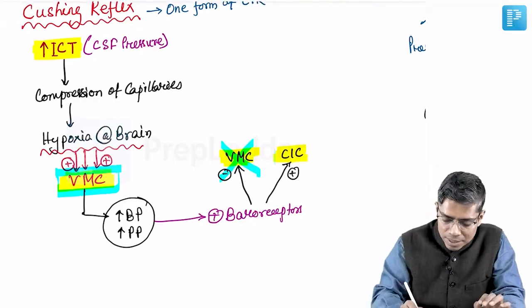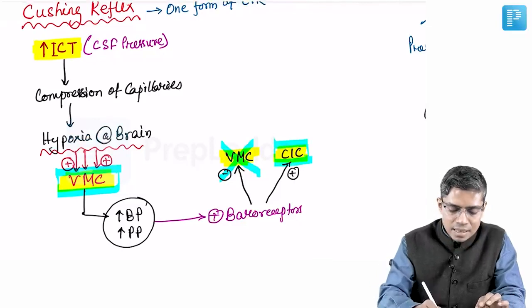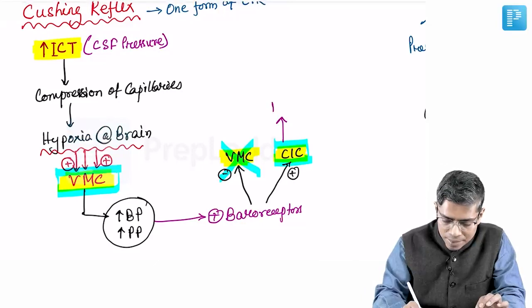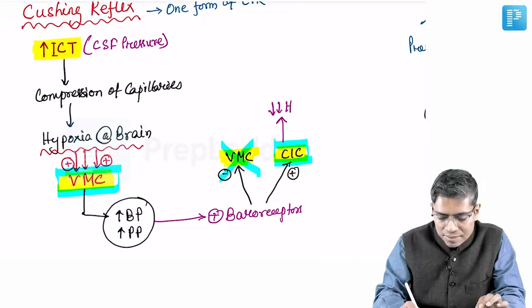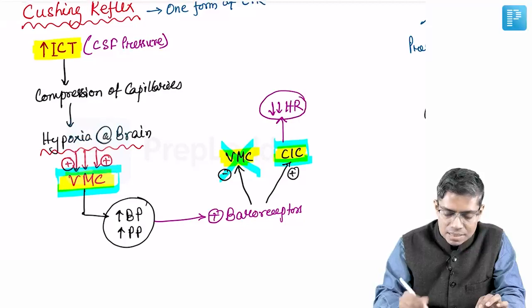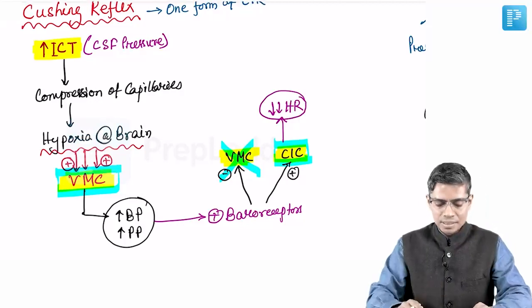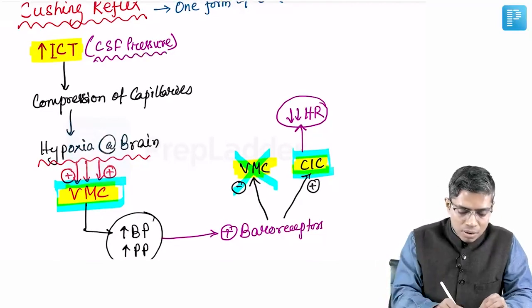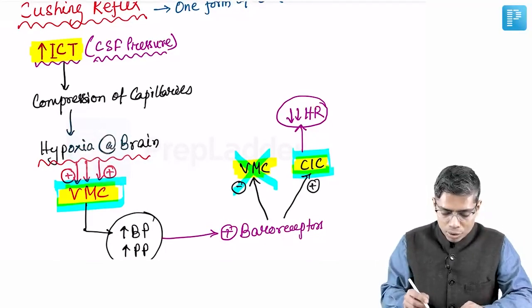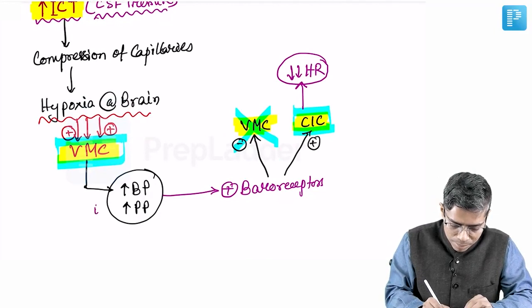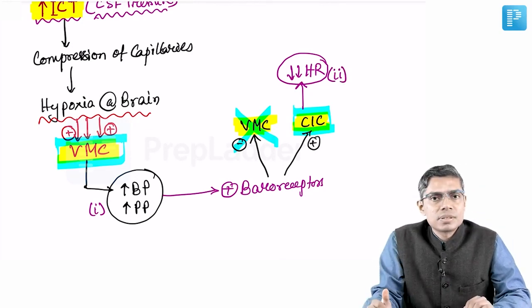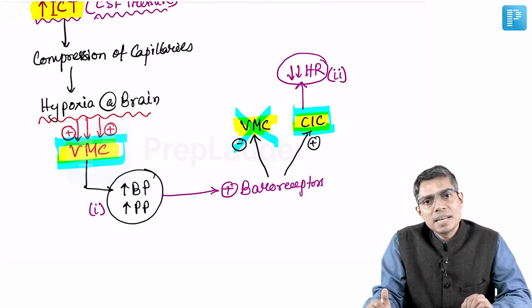Rather, it will be able to activate the CIC, and we have seen multiple times that activation of CIC means what is the net effect? Net effect is decrease in heart rate. That means this person who is suffering from increased CSF pressure or increased ICT will not only suffer from this hypertension, this is number one, he is also going to suffer from this bradycardia, and this bradycardia is by the baroreceptor reflex pathway. So there is reflex bradycardia.